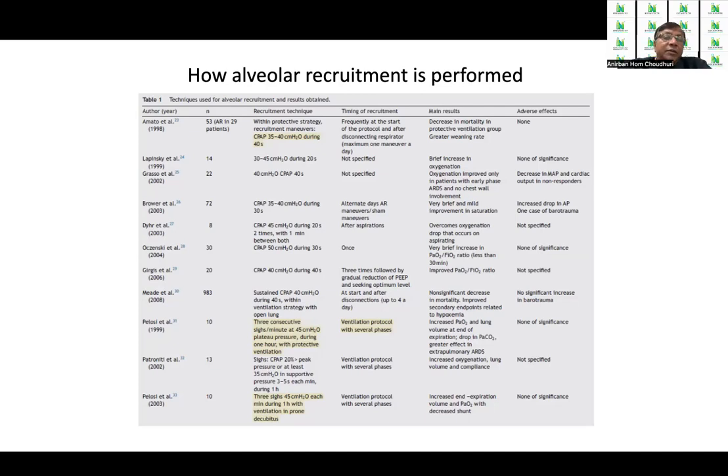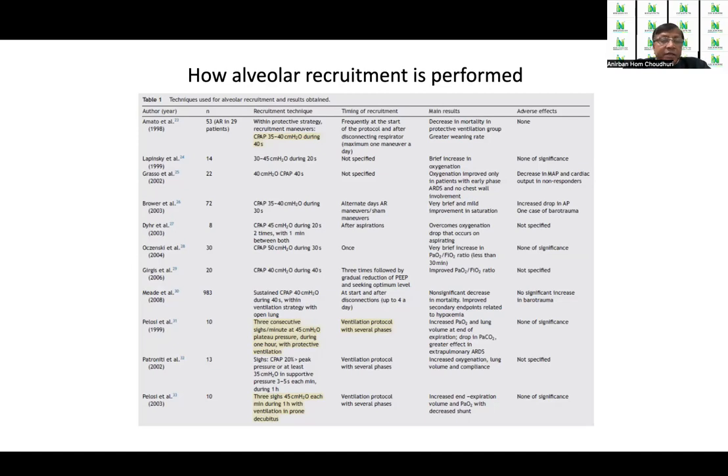Some applied a little more pressure, expecting more benefit. But the results have not been conclusive. Yet we can say this 40 by 40 has paved the way to determine that for a brief period, if one applies 40 or 45 centimeters of water pressure over 30 to 40 seconds, it is likely to recruit.